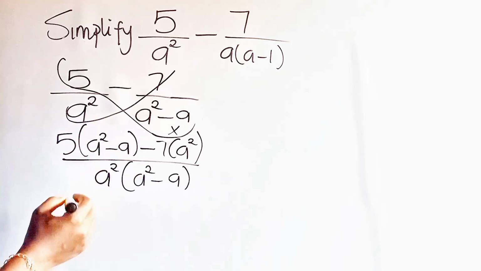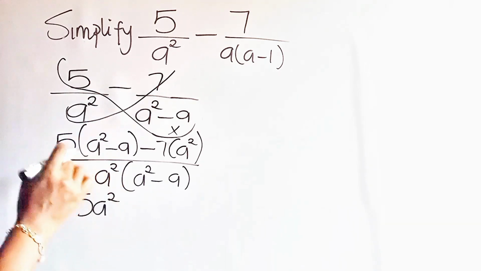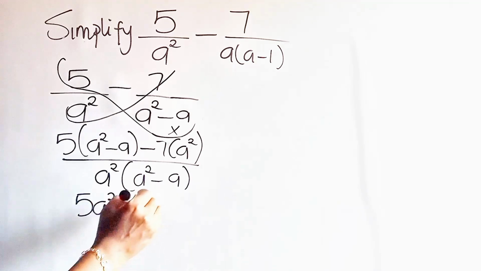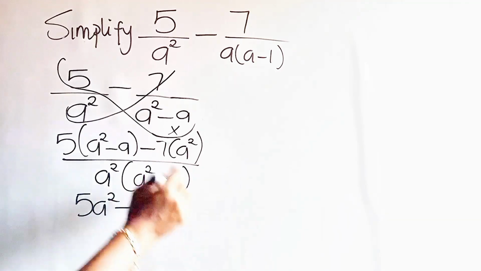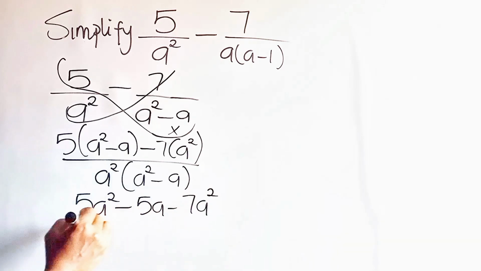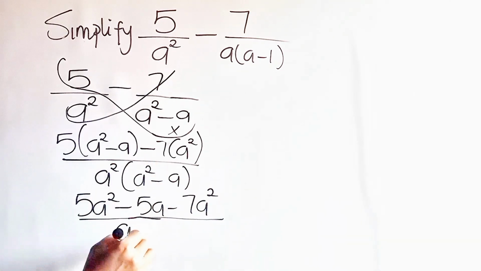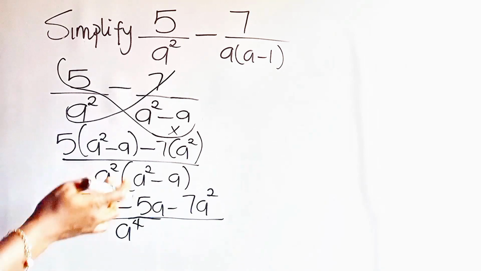Here we have 5 times a squared will give us 5a squared. 5 times minus a will give minus 5a, minus 7 times a squared will give us minus 7a squared, all over a squared times a squared would give us a raised to the power of 4. Do you know how I got that?